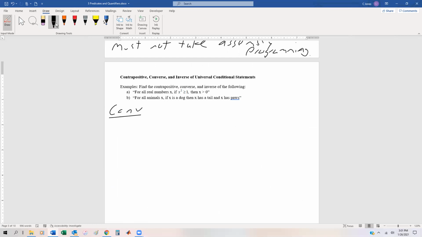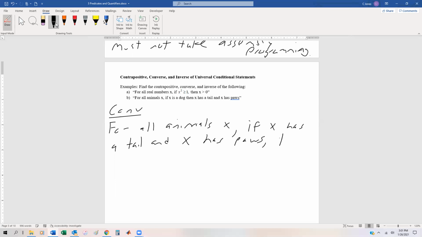We're still going to keep the domain, so for all animals x, and then all we're going to do is flip the conclusion and the antecedent. So if x has a tail and x has paws, then x is a dog.